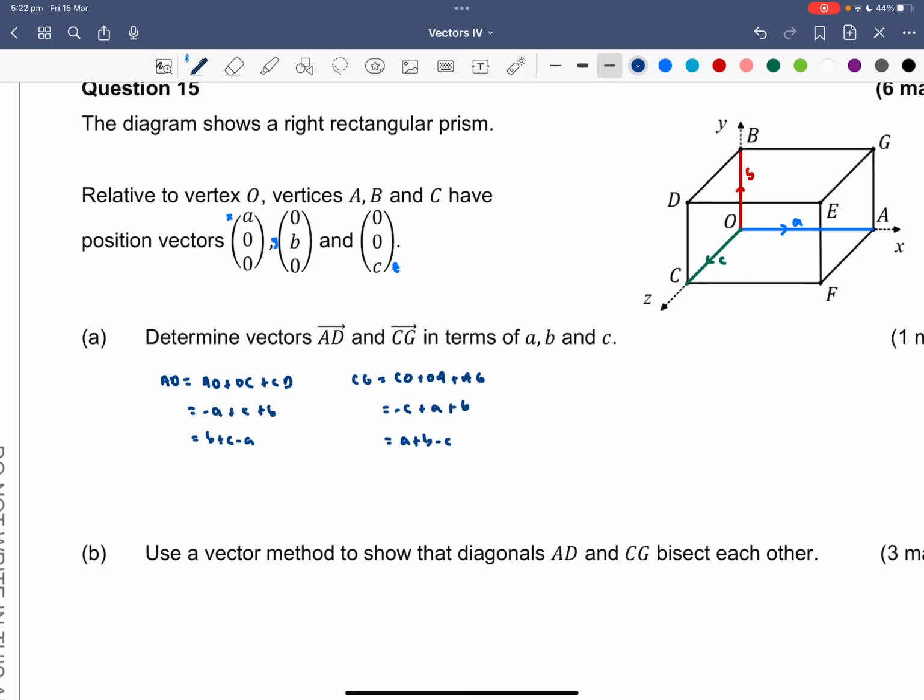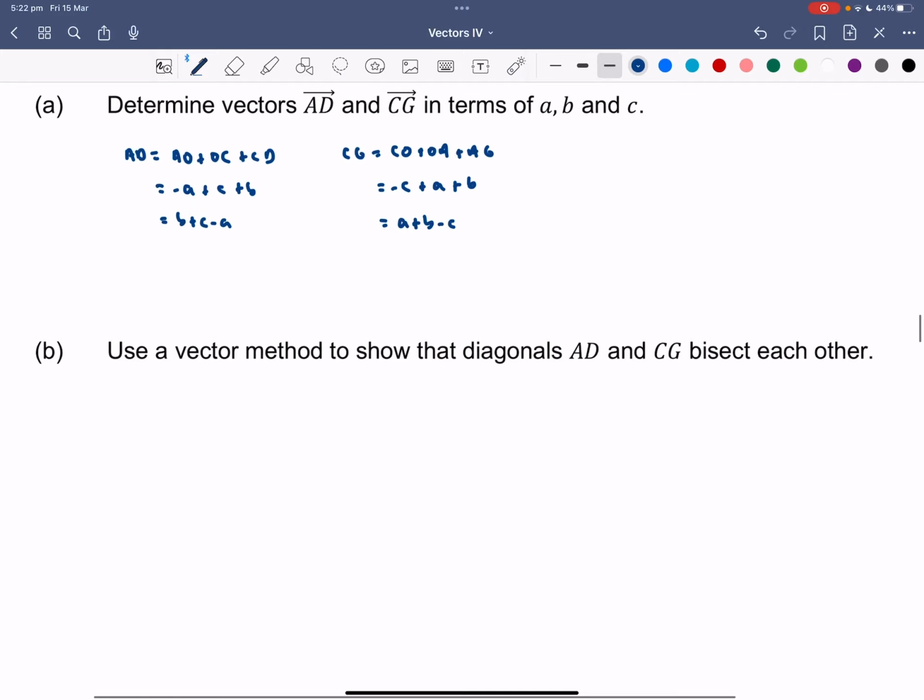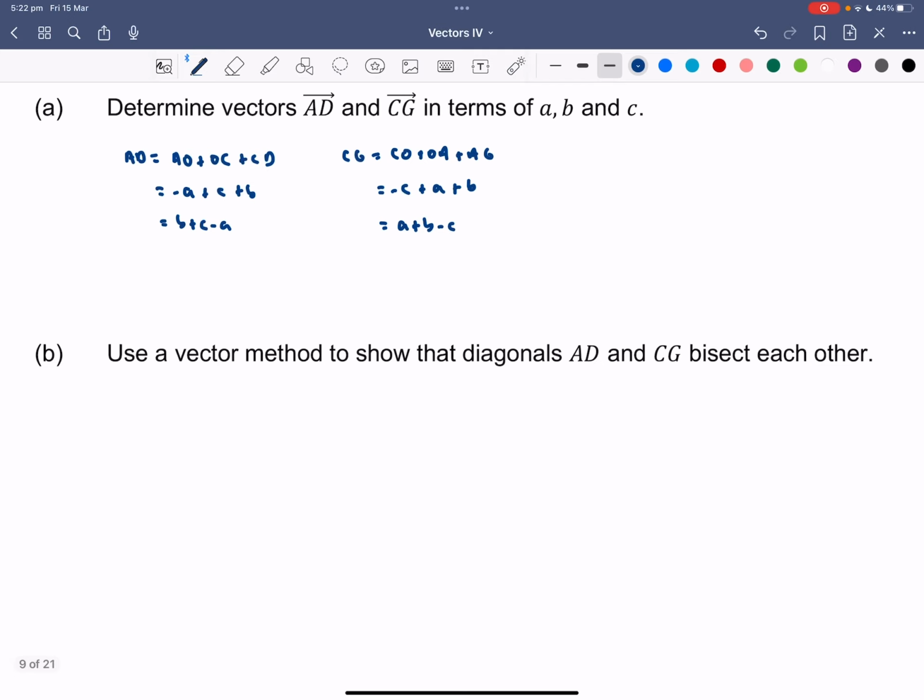Use a vector method to show that AD and CG bisect each other. So first thing I'm going to do is find the midpoint.